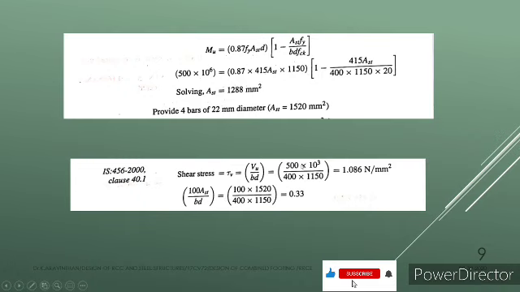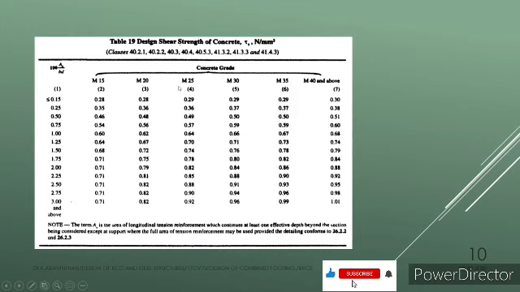So AST is the area of steel we have provided. Let us check for this, 1520 divided by D here is 1150. We got the value of 0.33 as 100 AST by BD. From this table, for M20 grade concrete, 100 AST by BD is 0.33. Here in this table, you cannot find a value of 0.33.